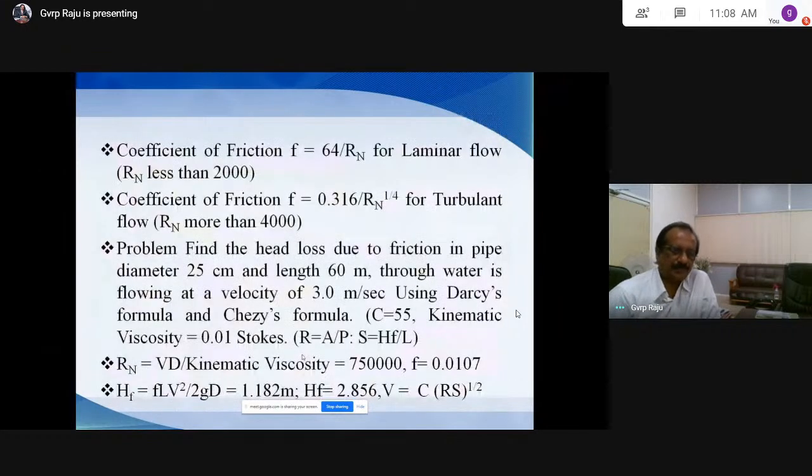Okay. So there is a relation between f and Rn. Rn is Reynolds number.